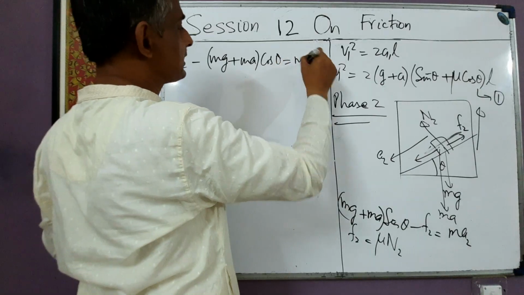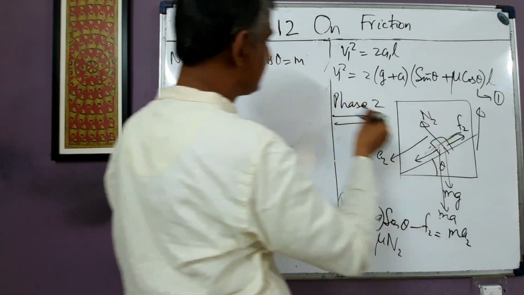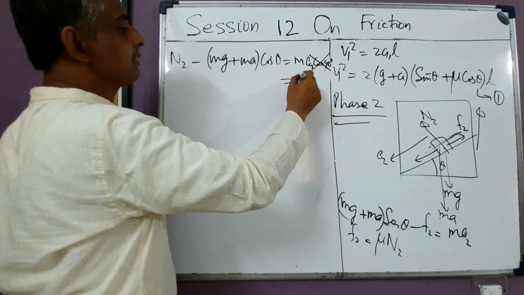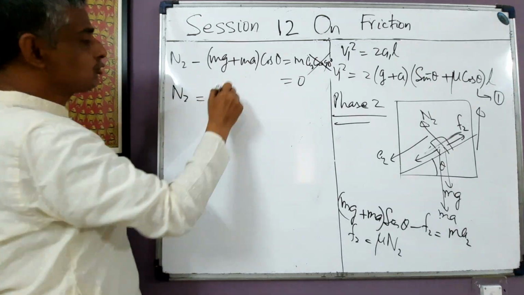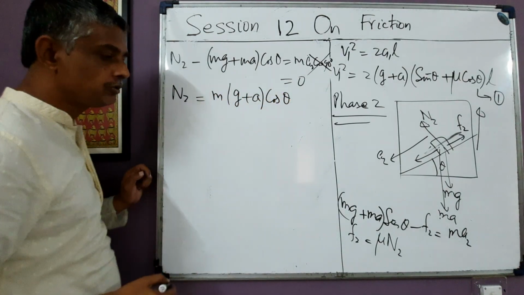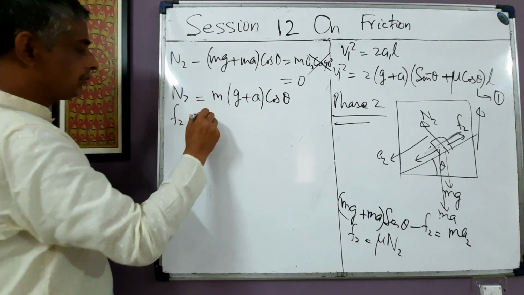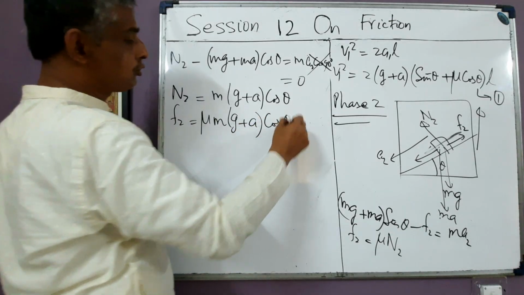That is equal to mass times acceleration of block with respect to elevator in this direction, which is simply a2 cos 90 degree. Cos 90 degree is known to be 0, so right side becomes 0. So n2 becomes this side, shift that side, I take m to be common. m into g plus a into cos theta, this is n2. This n2 is substituted here, we get f2 equals mu m into g plus a into cos theta.